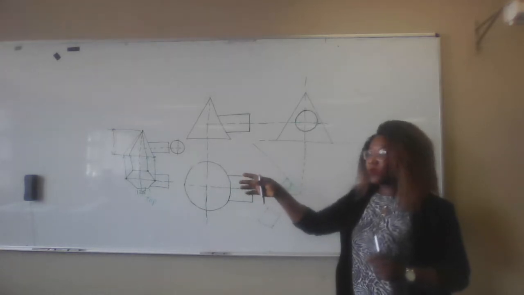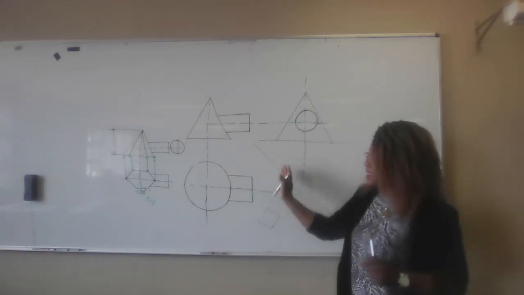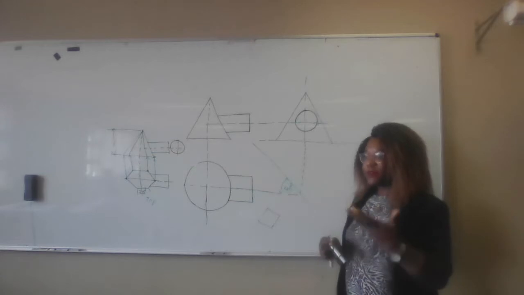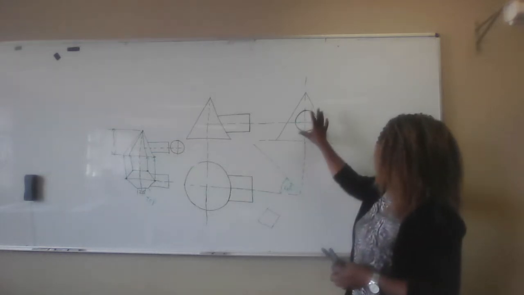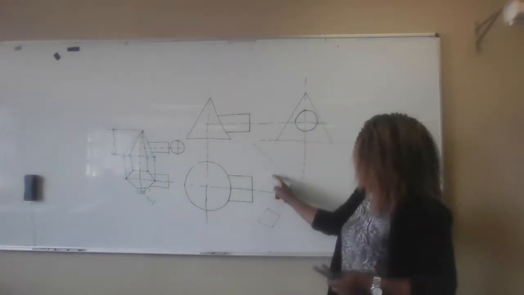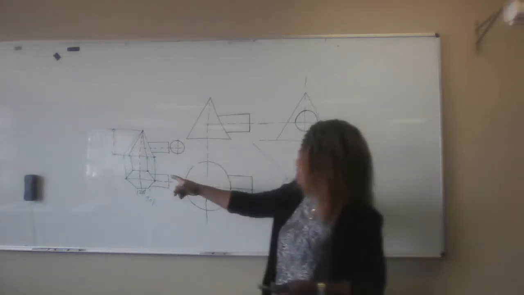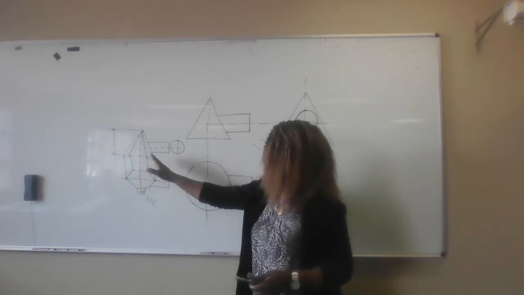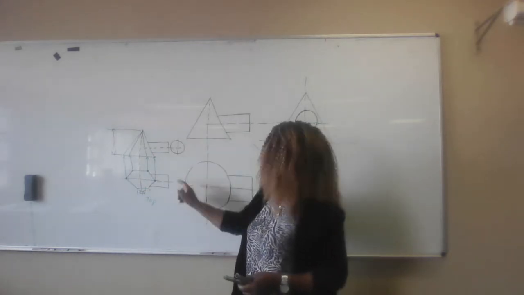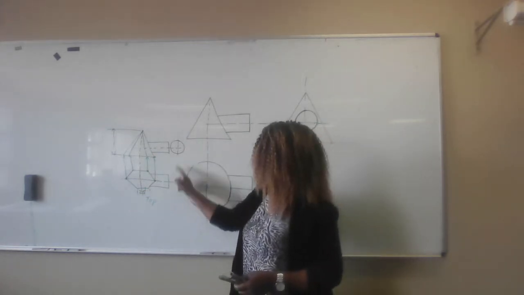So I'm not going to use 45 here, but here I'll work with 45. It's up to you. If you work with 45 degrees, there won't be a need of drawing a circle here on the top view, okay? But here, because we don't have a 45 degrees line and we don't have a side view, we are going to draw a small circle here, which is the same diameter as that.